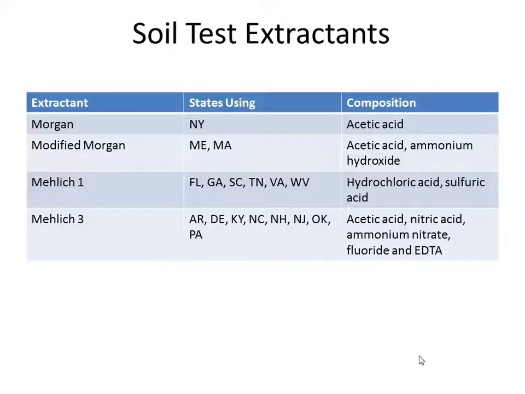The reason this is important is because if you extract with extractant yellow, and then you do the exact same soil with extractant blue, you're going to get two different numbers. So if you send a soil sample to WVU, you're going to get back a number based on the extractant we use. If you send it to Pennsylvania, you're going to get a different number. Who's right?